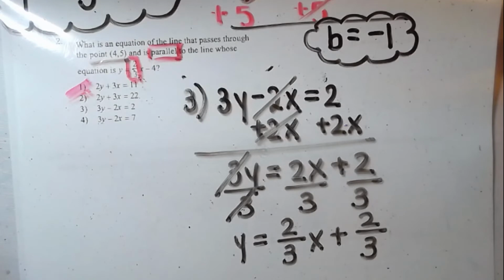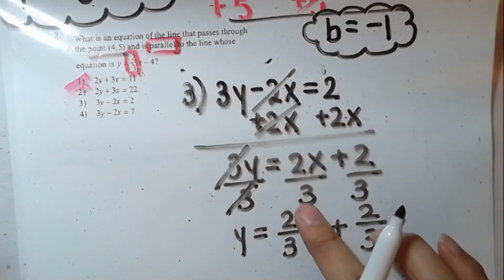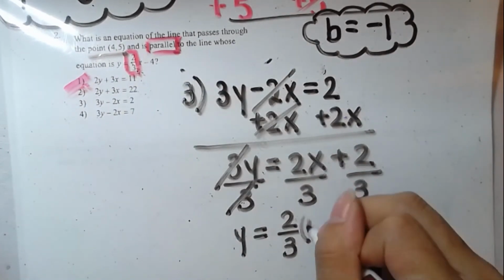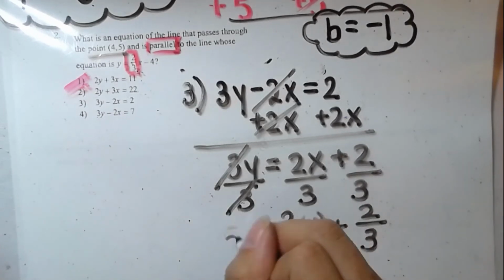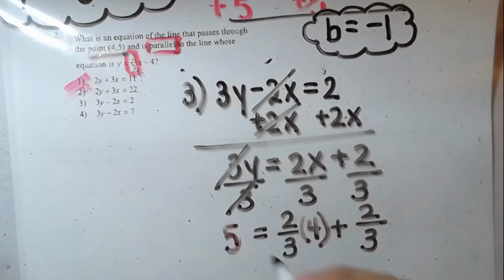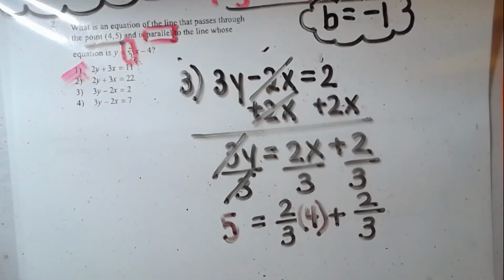So I am going to actually plug in the x as 4, and I'm going to plug in the y as 5, and we're going to try to see if the left side of our equation is going to be equal to the right side of our equation when we plug in these values.